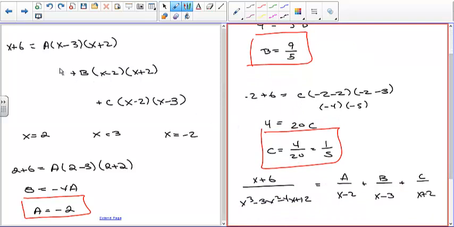And the last one is -2, which makes this go to 0 and this go to 0. So I have -2 plus 6, which is 4. I have -2 minus 2, which is -4. -2 minus 3, which is -5. So that's -4 times -5, which is positive 20. Divide by 4. So that looks right.